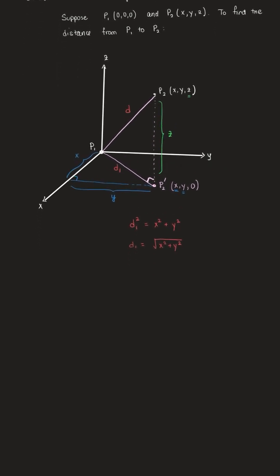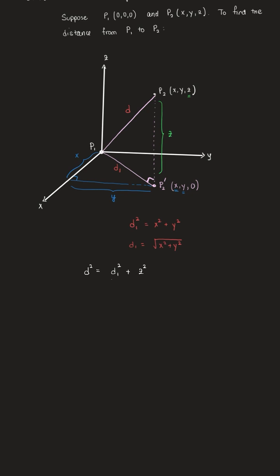Now, I'm also going to use the Pythagorean theorem on this right triangle, whose base is D sub 1, height is z, and hypotenuse is d, and d is what I want to find because d is the distance between those 2 points. So d squared, the hypotenuse squared, will be d sub 1 squared, the base squared, plus z squared. The sum of the two legs, each one squared, equals the hypotenuse squared.